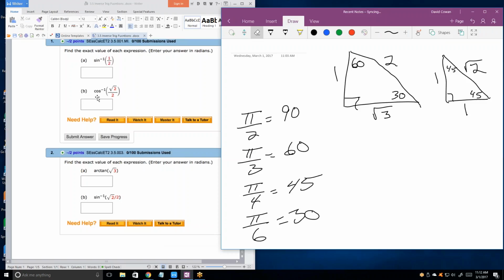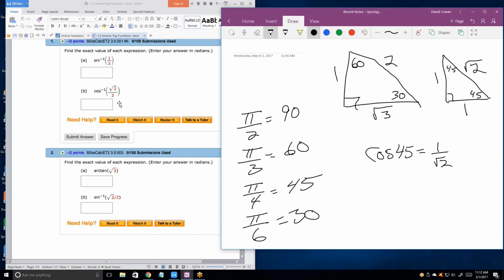Now, let's look at B. Inverse cosine of square root of 2 over 2. Well, if you try to find square root of 2 over 2 in these two triangles, you can't find it, right? However, what would the cosine of 45 degrees be? 1 over root 2.